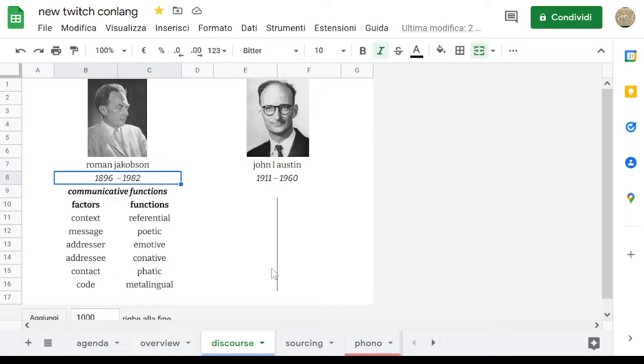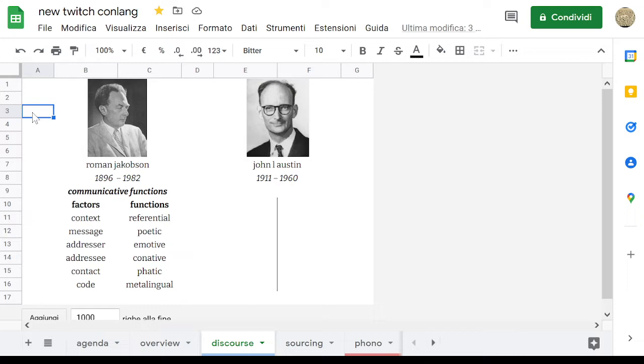So Roman Jakobson is a very well-known figure in a lot of different domains of linguistics, in fact. In particular, he's known for formulating, among many other things, the idea of these communicative functions. They were usually called just the 6 functions of a language.